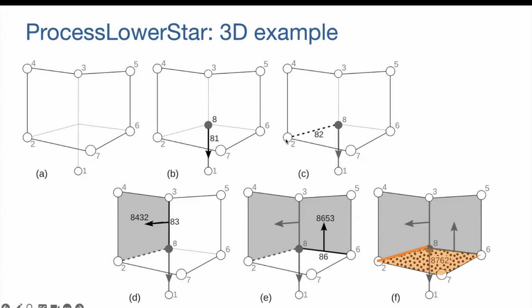So I'm going to add this edge here as a critical cell in that discrete Morse picture. And once I've added that critical cell, I can now start to grow in my simple homotopy pairs again. Okay, so I can pair this edge into that square and so on. And then I'm left at the end with this square that can't be paired with anything within the lower star. Yeah, so now I add a two-dimensional patch here.